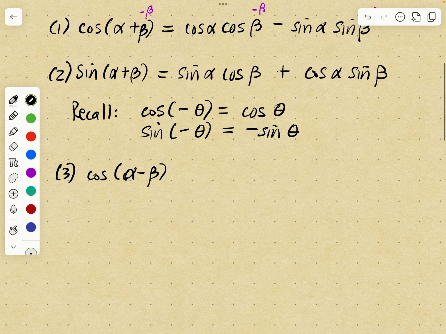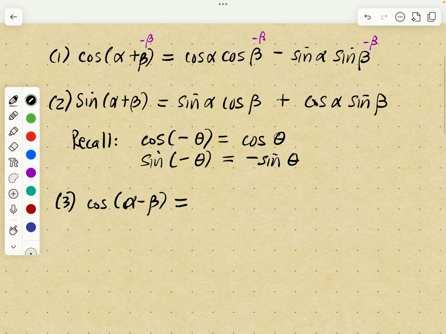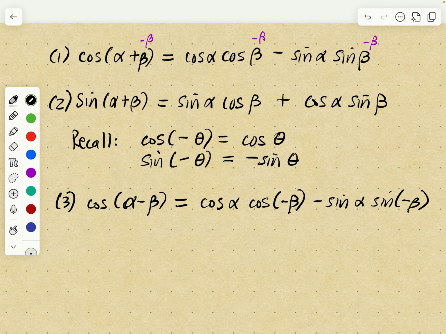So from the first one, when you replace beta by negative beta, you get cosine alpha cosine of negative beta minus sine alpha sine negative beta.